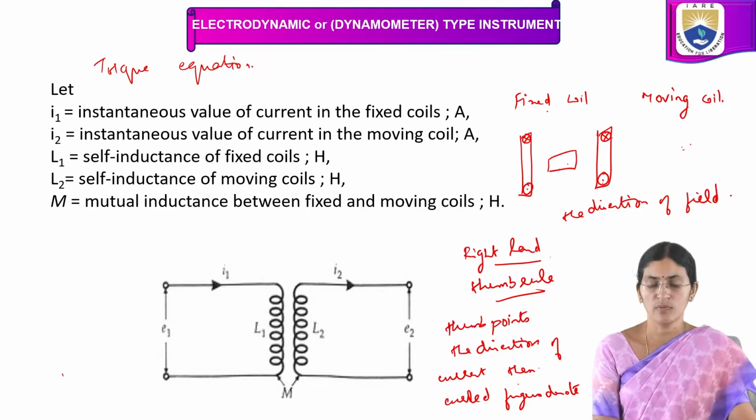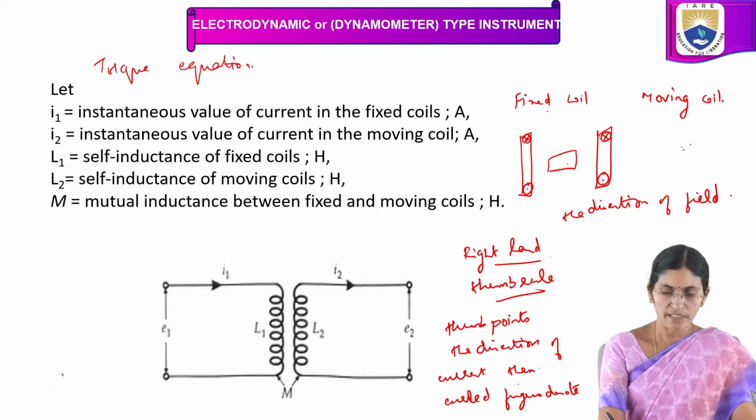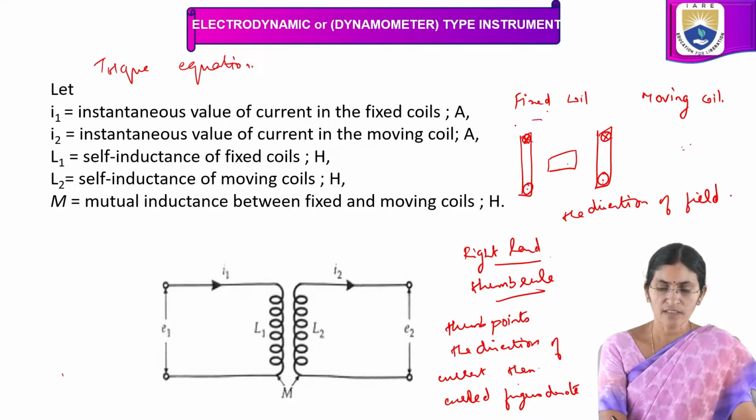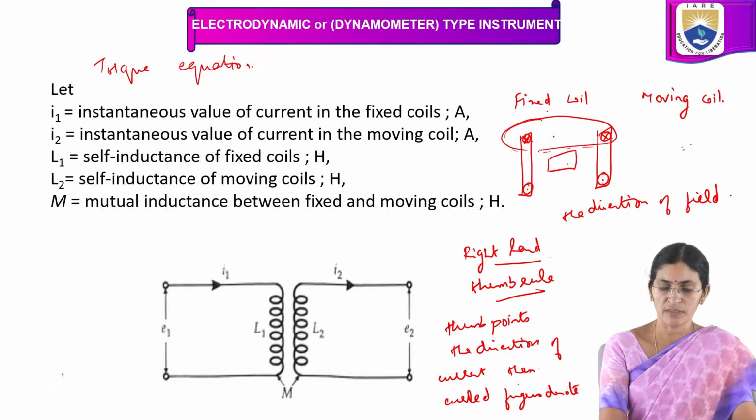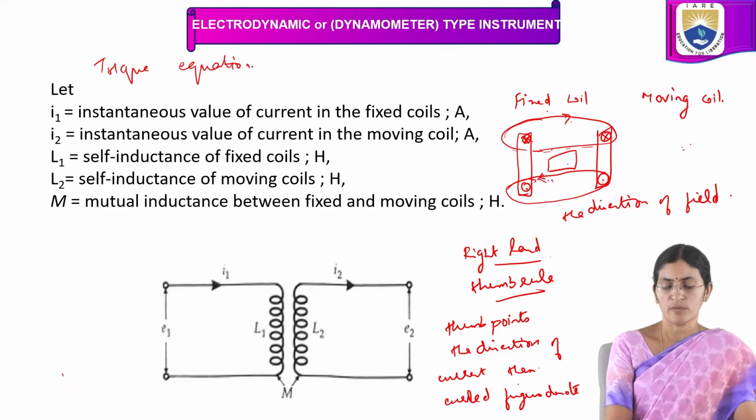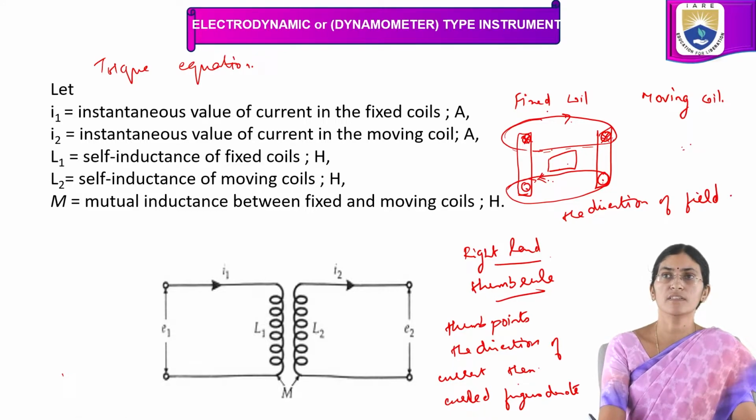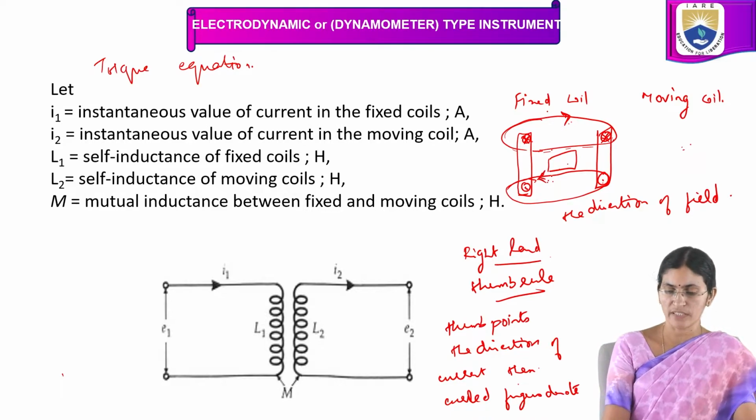According to this rule, if this is the direction of the current, we can say that the direction of the magnetic field will be in this way. If cross, the direction of the field is in clockwise direction. If dot, the magnetic field direction is in anti-clockwise direction.